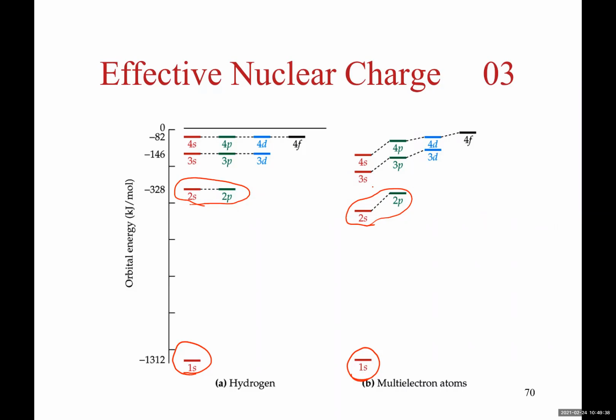On the third shell, although all of these belong to the third shell, we know that the P orbital has more energy than S. So I'm going to put this a little bit higher, and 3D has even more energy.